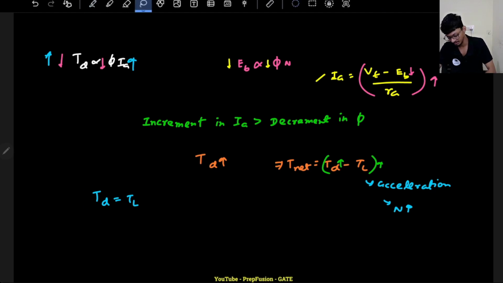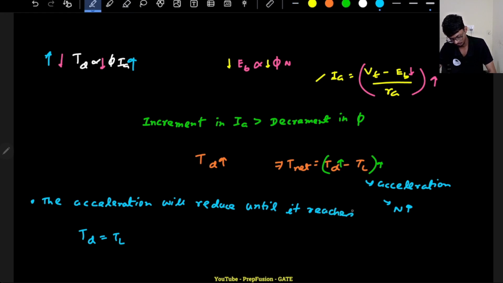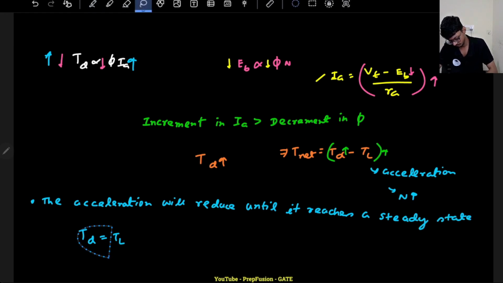So acceleration will reduce until it reaches a steady state value.